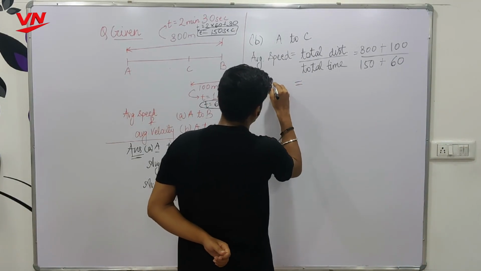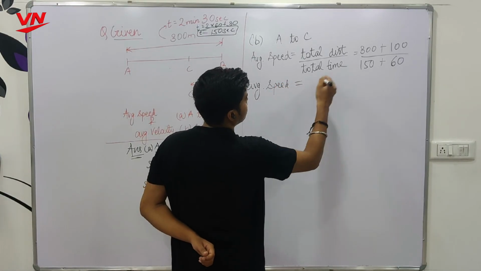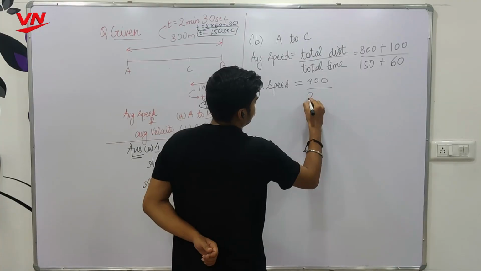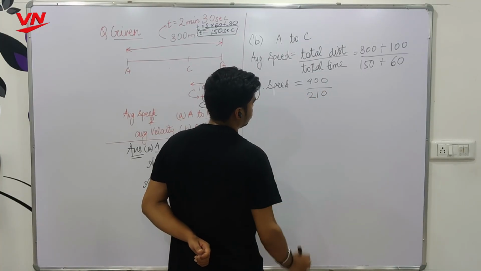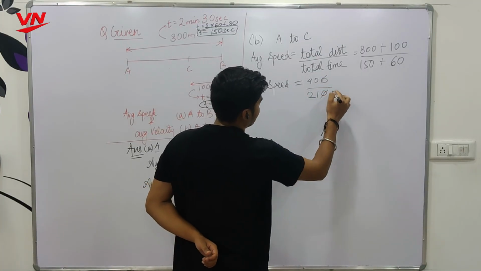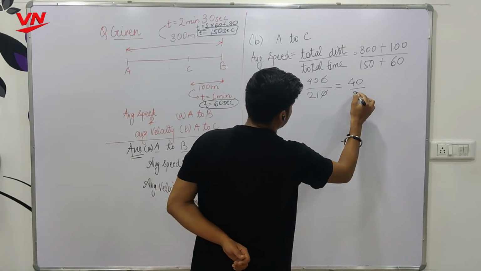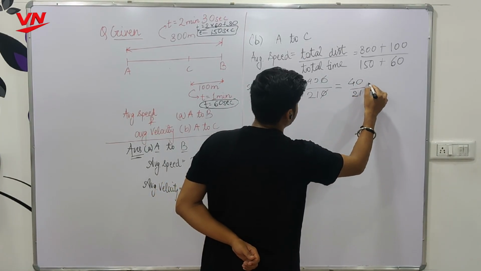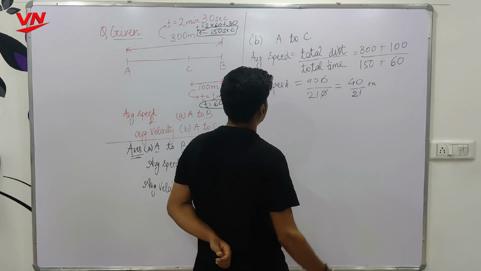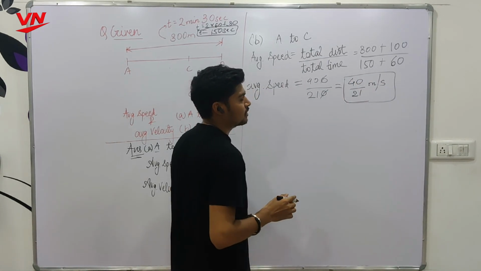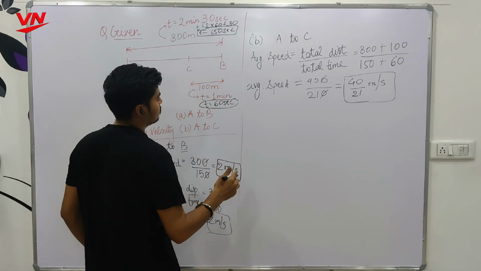So the average speed will be 300 plus 100, 400, divided by 210. You will get an answer of 1 point something. Put it in ratio form: 40 by 21. The answer will be in meter per second. If you want, you can convert it into decimal form also.